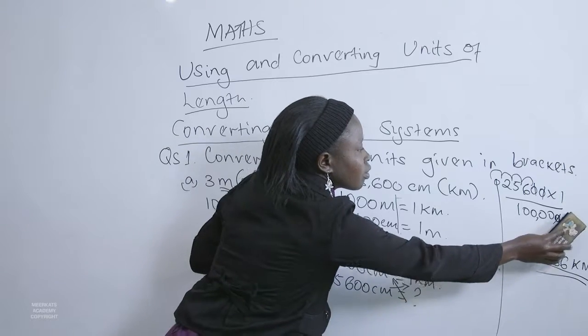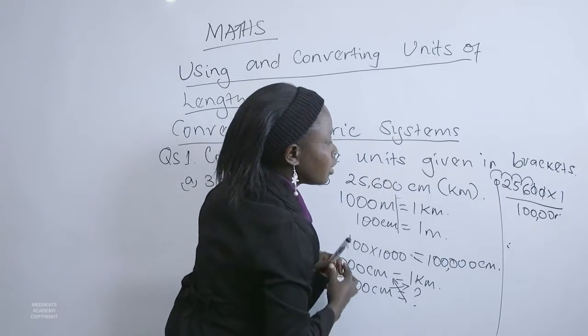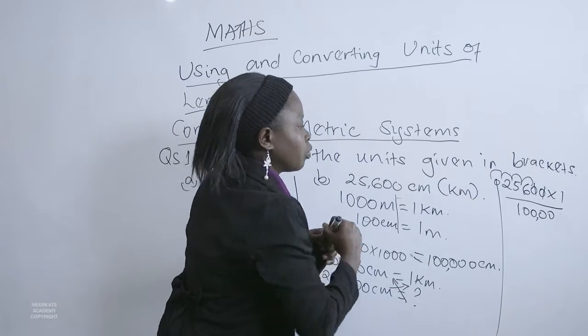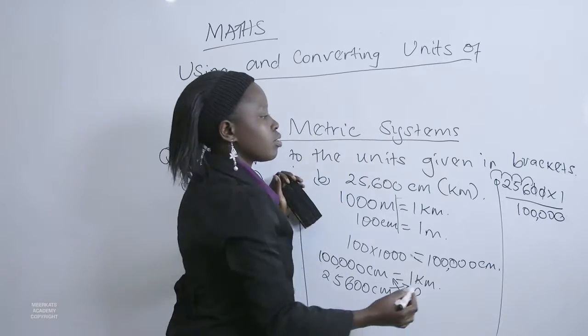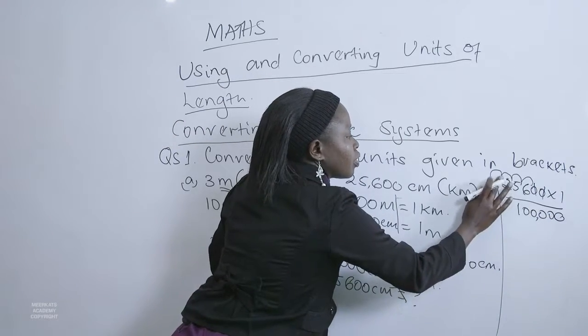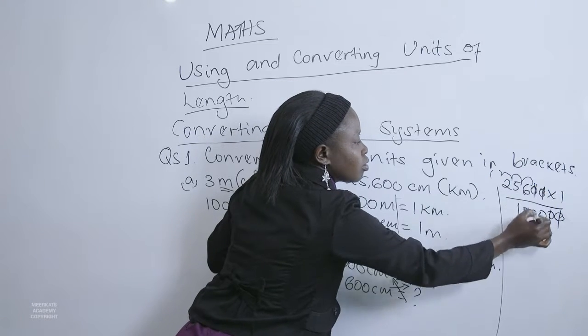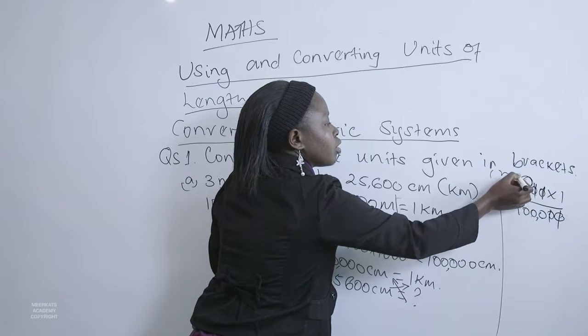Just some slight correction to be made. We have 100,000. So that means that 0 and 0 cancels. The other 0 cancels. We are left with 1, 2, 3.